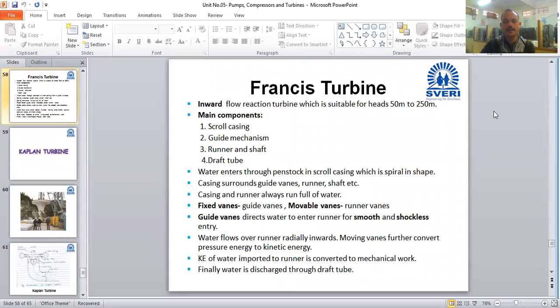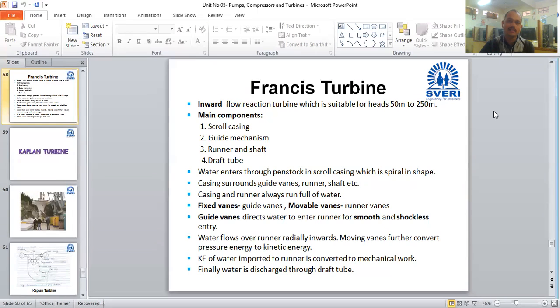First one is the Pelton turbine. The Pelton turbine is an impulse turbine. The flow at the turbine is tangential, so we call it a tangential flow impulse turbine.